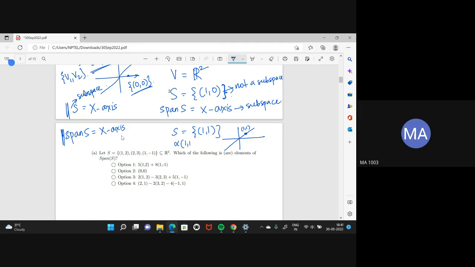All possible linear combinations is going to look like alpha times (1, 1), where alpha can be any number. Will (2, 2) belong to the span of this set? Yes, because it can be written as 2 times (1, 1). So you're going to get this line.